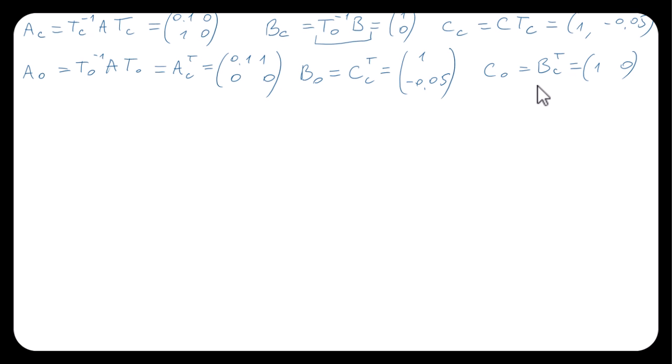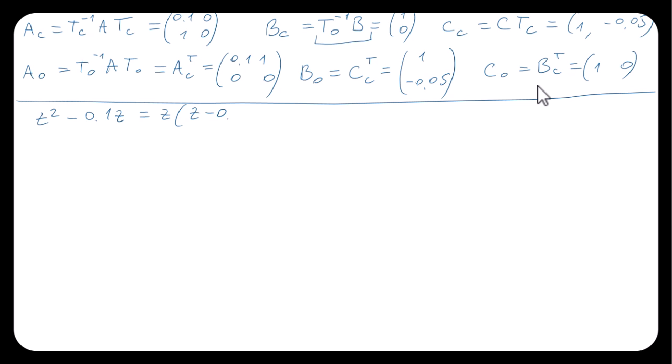You can verify all of that using simple calculations, but now we want to get also to diagonal form. To get diagonal form, we need actual roots of the denominator polynomial. So z squared minus 0.1z, this is our characteristic polynomial. This is z times z minus 0.1. So the roots are z equals 0 and z equals 0.1.